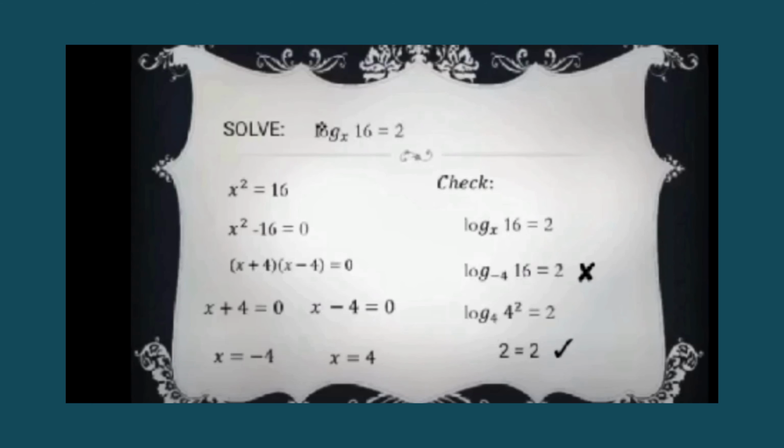Log of 16 with the base of 4 is equal to 2. 4 squared is equal to 16, or we can express 16 as 4 squared. So therefore, the answer is 2 is equal to 2. So that is correct.